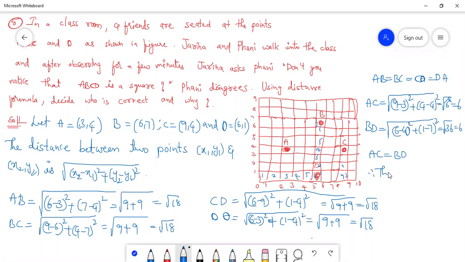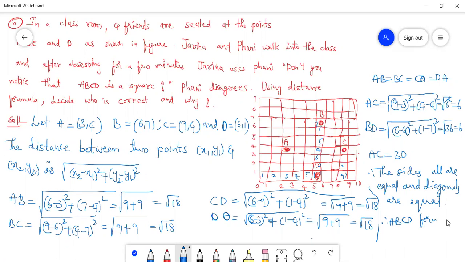Therefore, the sides are all equal and diagonals are also equal. Therefore, ABCD forms a square.